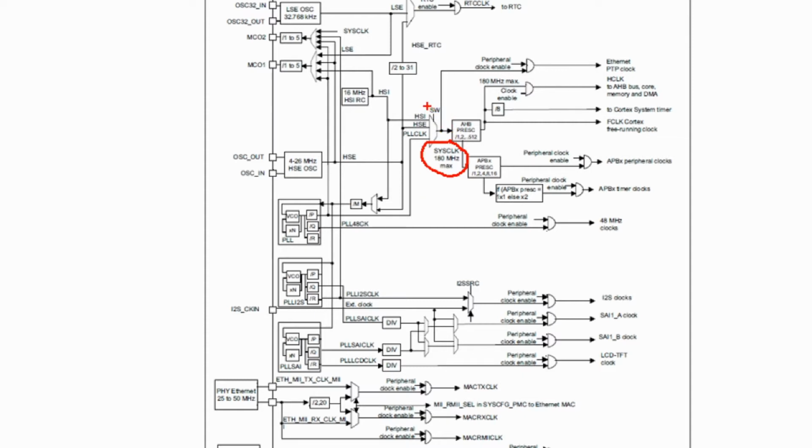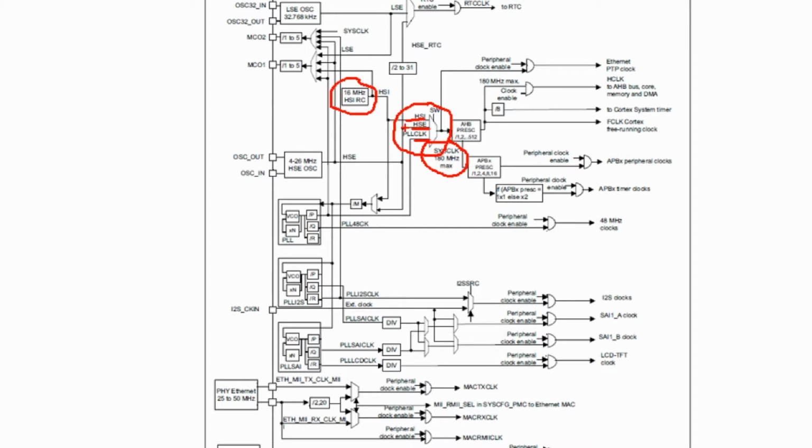And notice that it comes out of this multiplexer here that has three sources of clock. We have the HSI, HSE, and then a PLL clock. The HSI connects to your internal oscillator, a 16 megahertz oscillator.